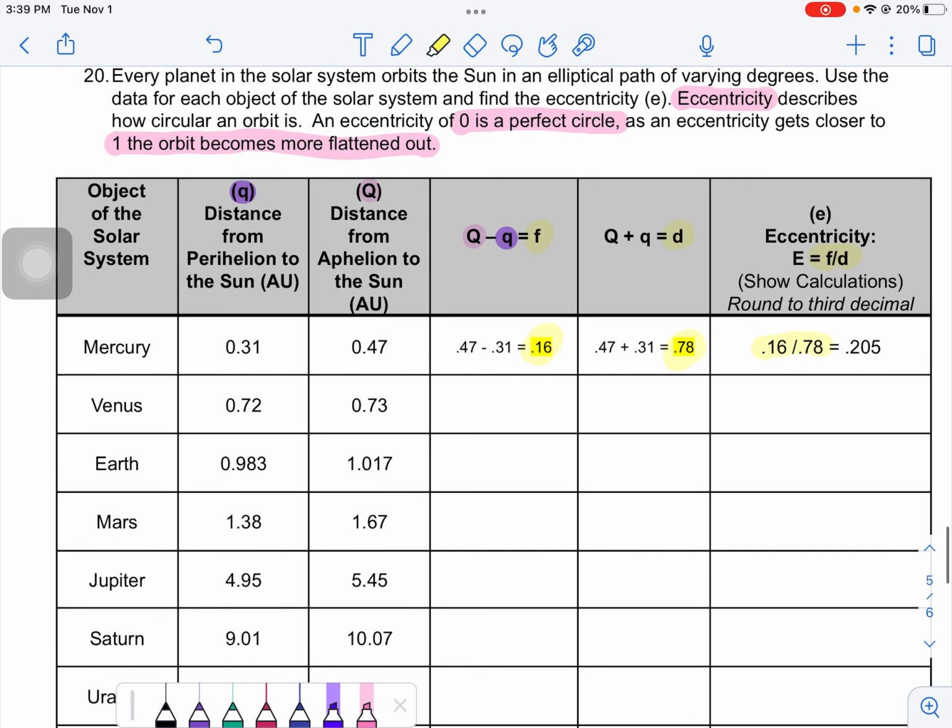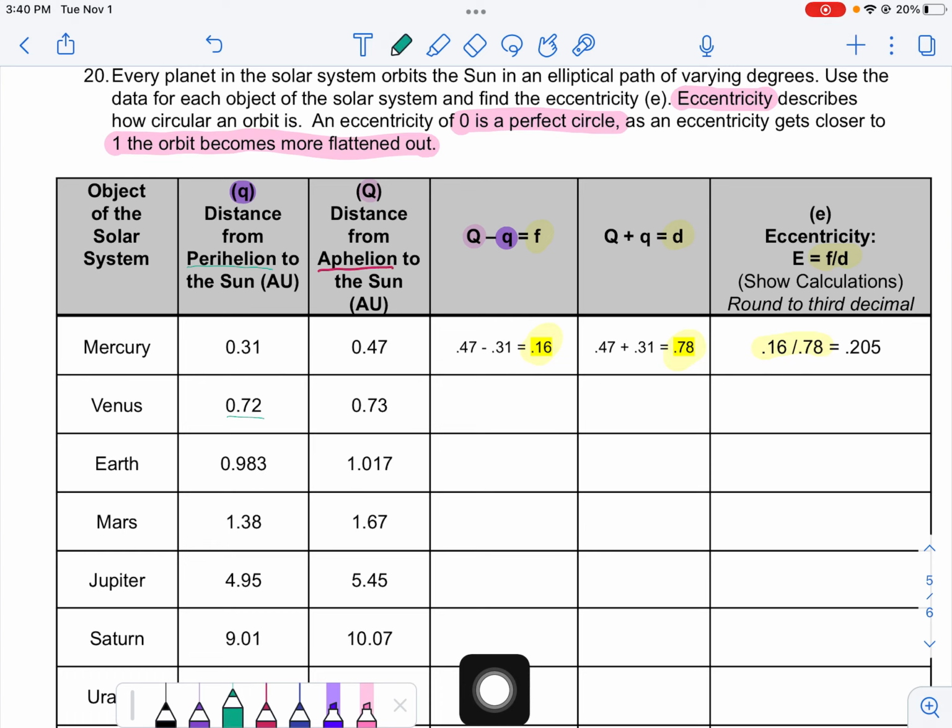So I was just going to do one with you here using this same structure. I've got my little q, which is measuring that perihelion distance, how close we are to the sun, and our big Q, or aphelion distance, how far we are from the sun. So I've got big minus small for my first column of calculations.